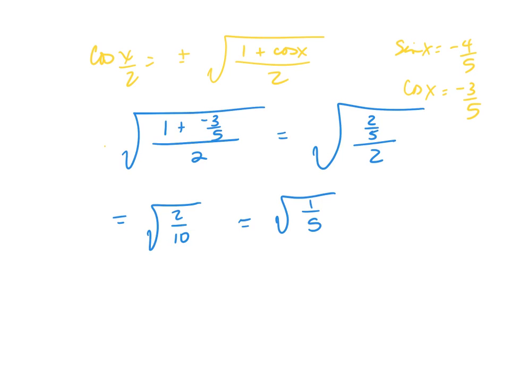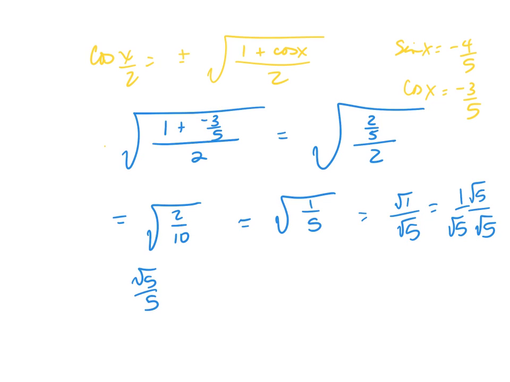Everybody get that? And that's going to be the square root of 1 over the square root of 5, which is 1 over √5. Remember the √5 and √5. So the cosine of theta over 2 is √5/5.